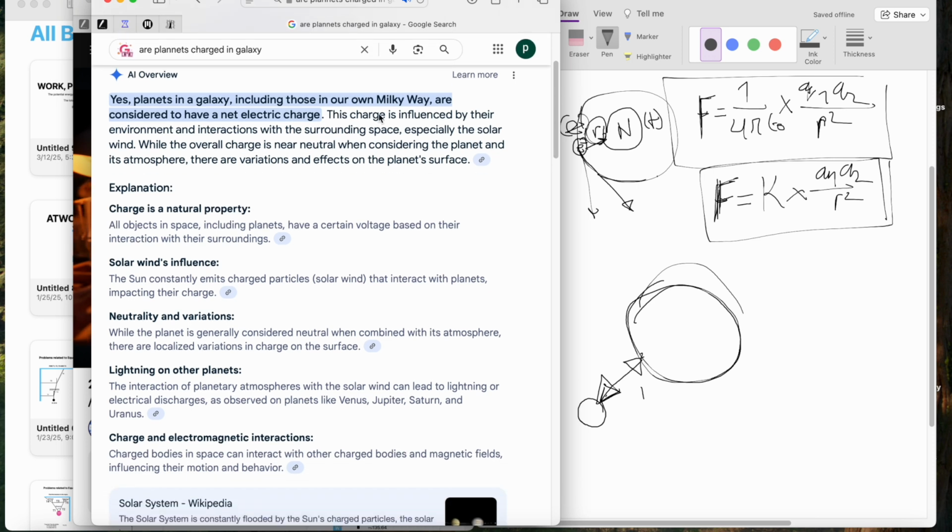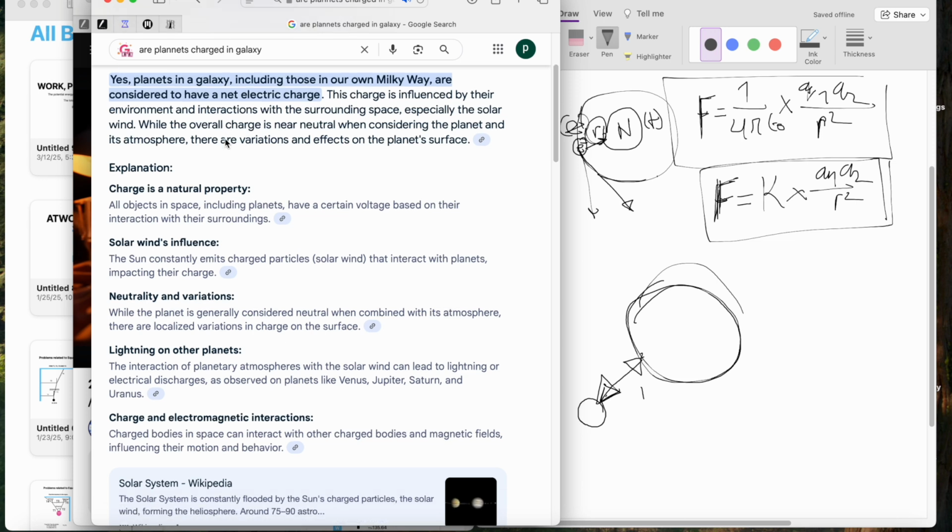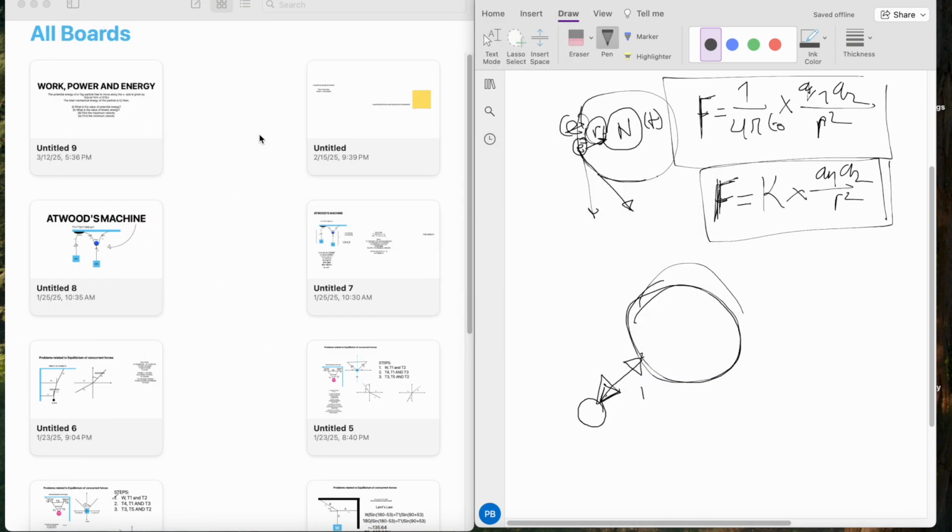This charge is influenced by their environment and interactions, okay? Space, surrounding solar wind. So things are okay to explain. So these are charged. Let's say there is a q1 charge and a q2 charge. So the q1 charge has an attraction and a repulsion.